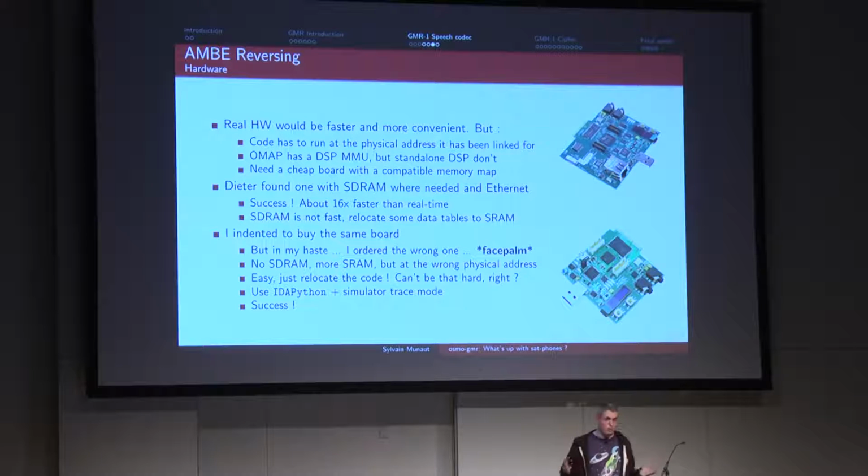Now, of course, that didn't work the first time around because there are a couple of pitfalls in that approach. But using the simulator, it was pretty easy to find out where things were going wrong because you take the original code, you run it in the simulator, and you trace every memory access. Then you take your potentially relocated code, you run it again in the simulator and trace every memory access.